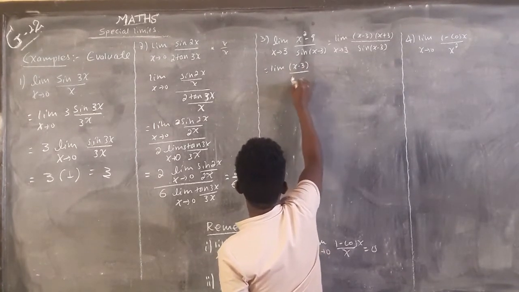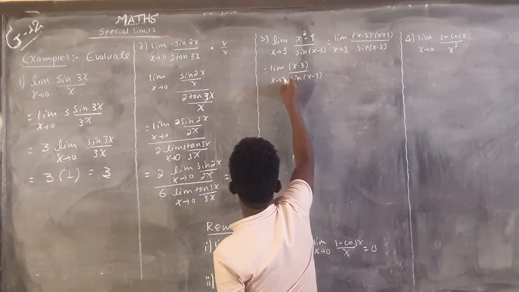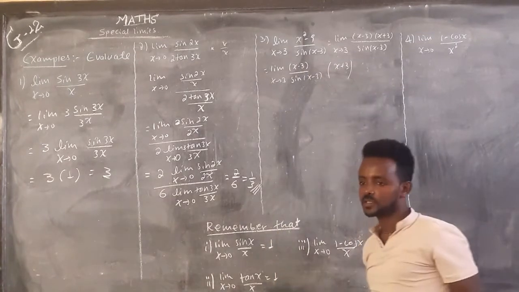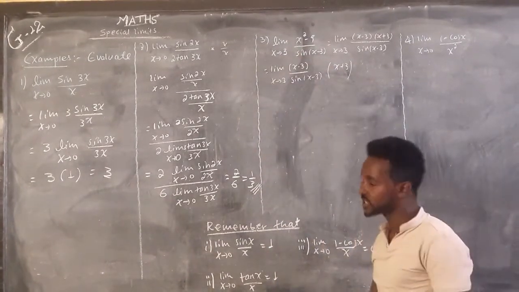over sine of x minus 3 as x approaches 3 times x plus 3.